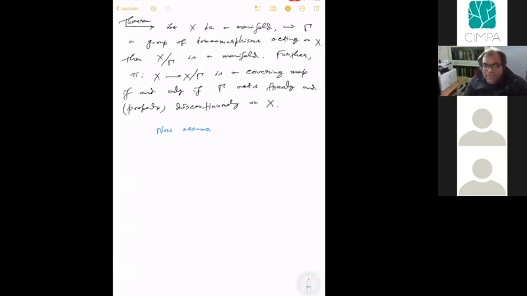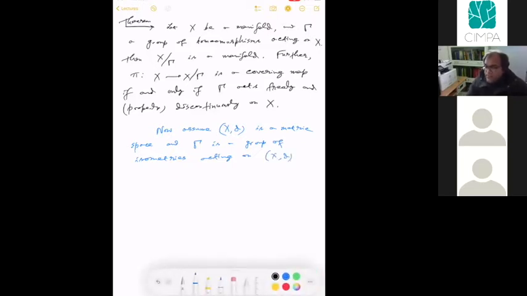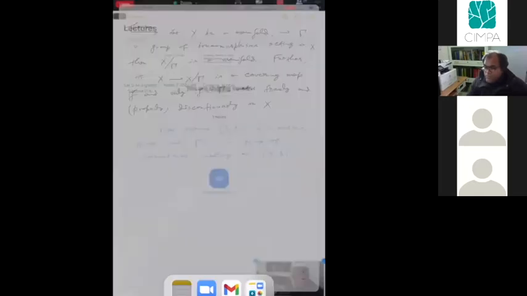Okay. Now you assume (X, d) is a metric space and gamma is a group of isometries acting on (X, d).